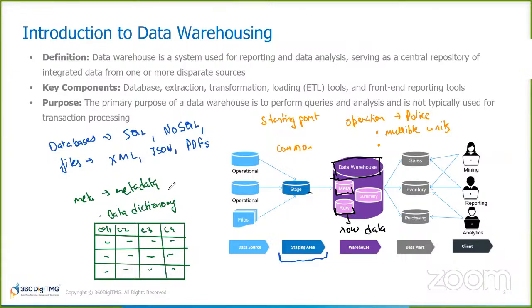The metadata within the data warehouse is going to define the data warehouse object. It's going to act as a directory, and this directory is going to act like a pointer. Basically, it's going to point in the direction that we want our data to look at, whatever that direction may be. So that is the importance of metadata.